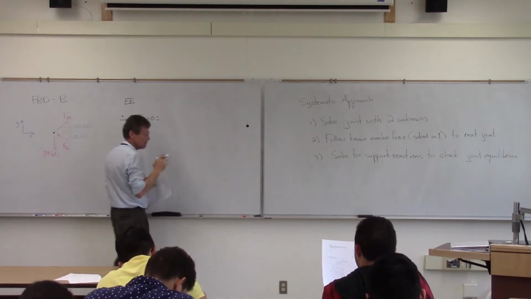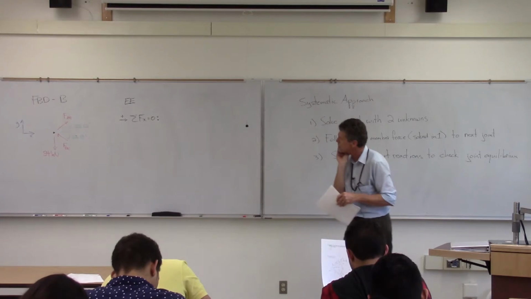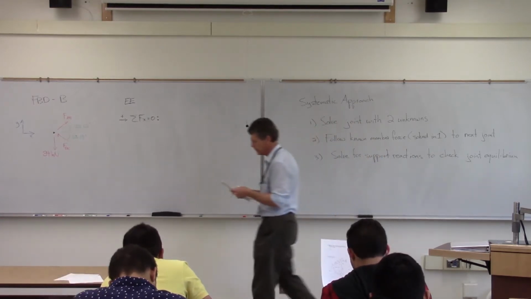Well, nice thing about point equilibrium or particle equilibrium, what I need is angles. Okay, so then my next step is setting up the equilibrium equation. So I just simply take sum of forces x, sum of forces y.